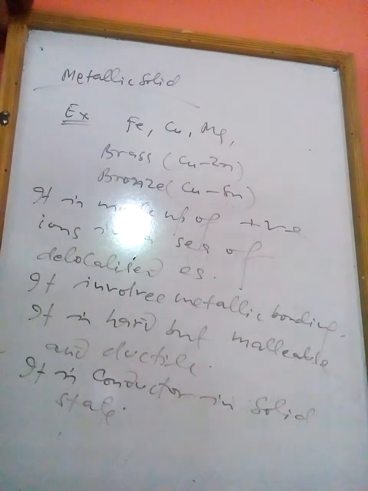Metallic solids show thermal conductivity and electrical conductivity. Thermal conductivity is due to mobile electrons. When a metal is heated, the kinetic energy of the electrons in that region increases.